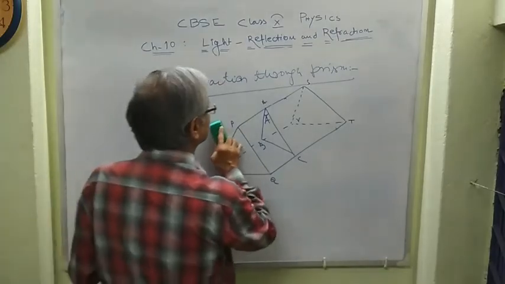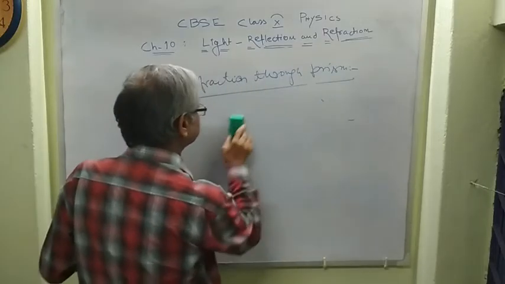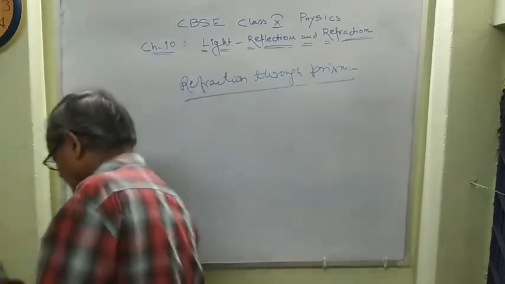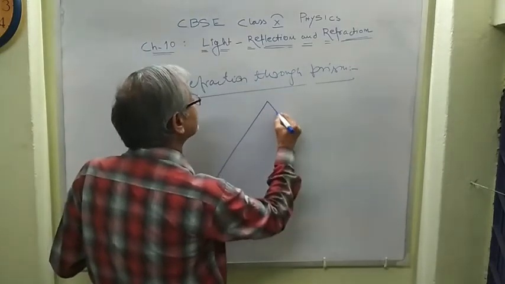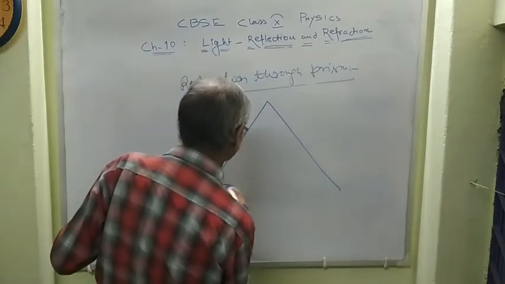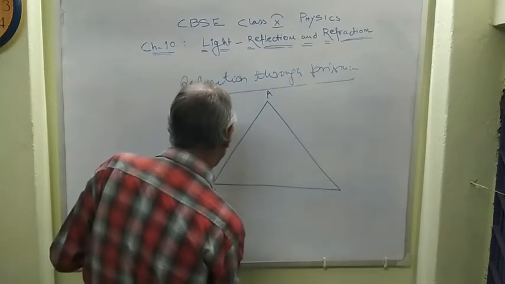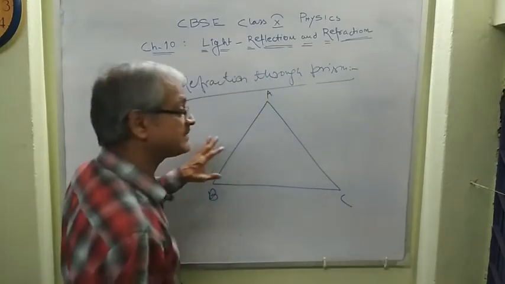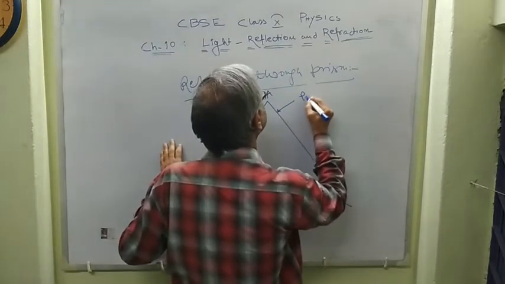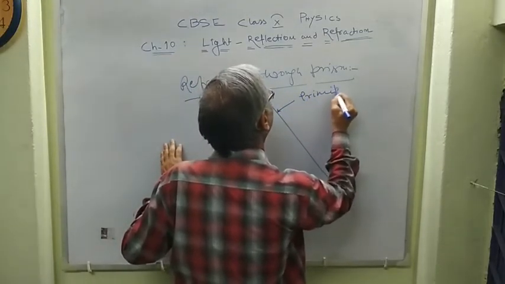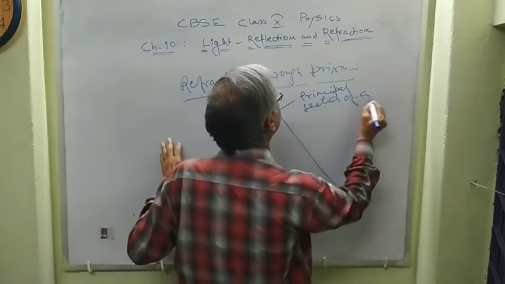Right? Let this be a principal section of a prism. A, B, and C be the principal section of a prism.